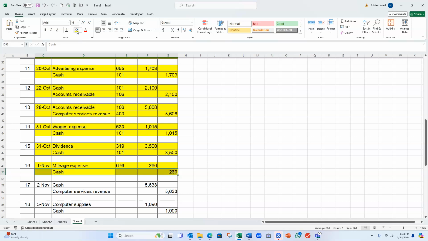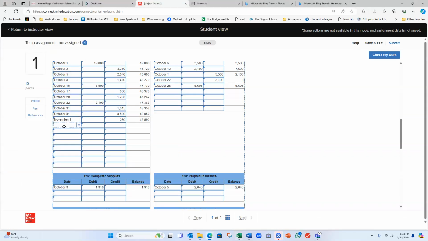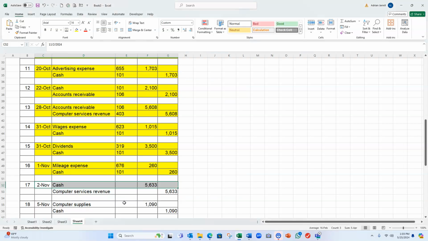So, I'm going to debit cash on the 2nd for $5,633. And I'm just going to check that number. Yep, looks good. Account number 101.